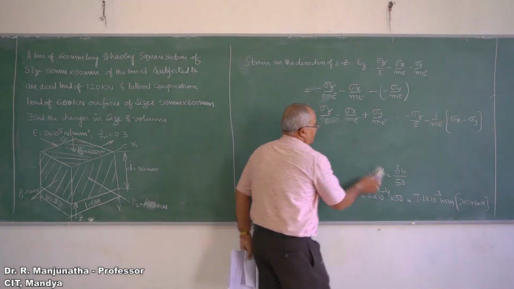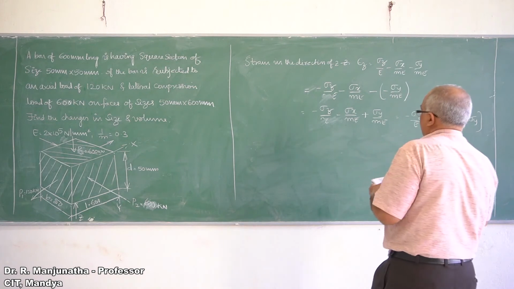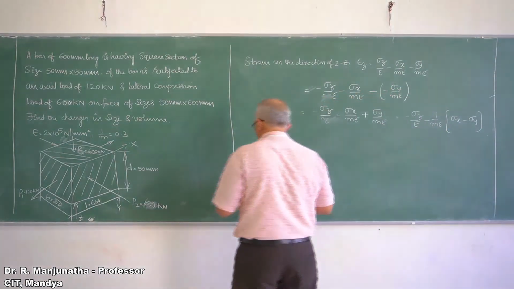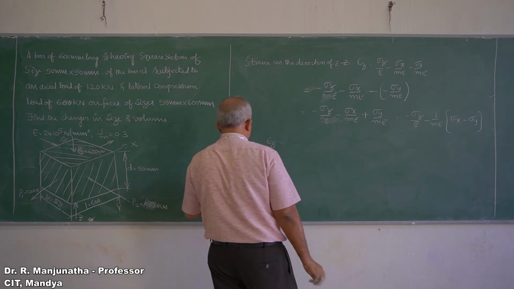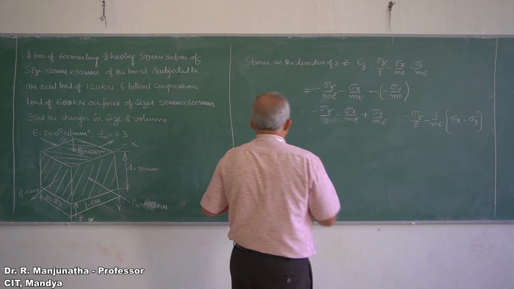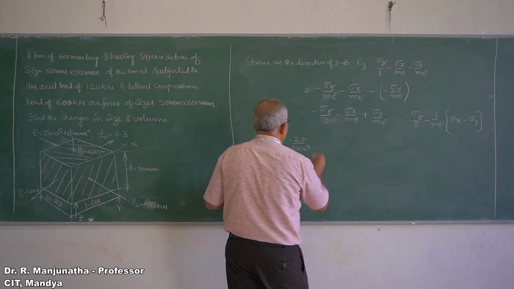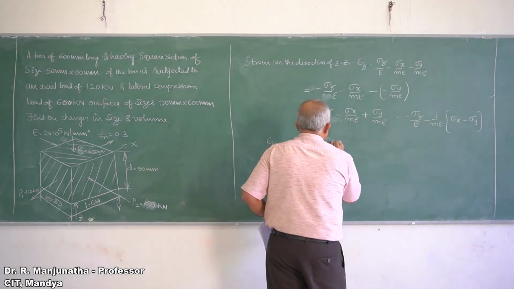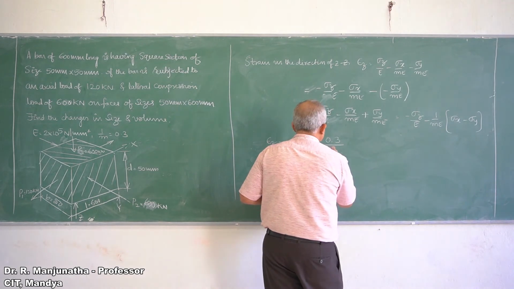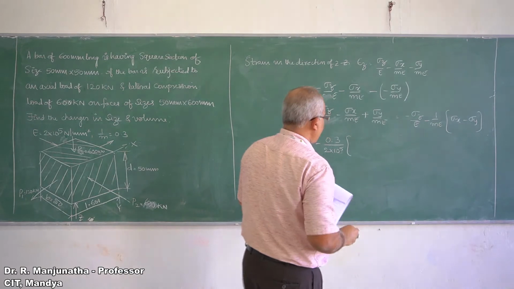So we have epsilon z, which will be equal to: sigma z is minus 20 by 2 into 10 to the power of 5, then again minus 1 by m is nothing but 0.3 by E, so 0.3 by 2 into 10 to the power of 5 into the sigma x value.